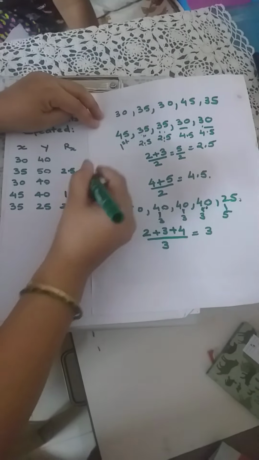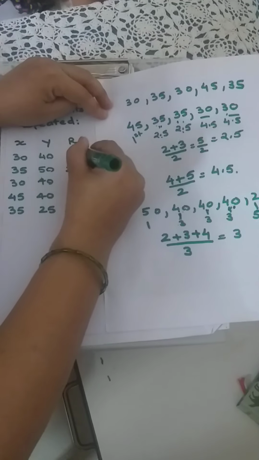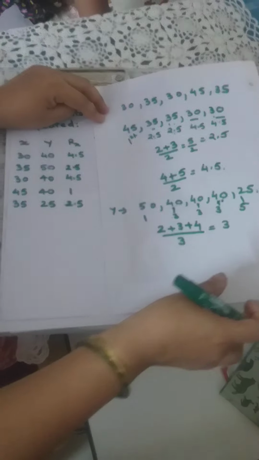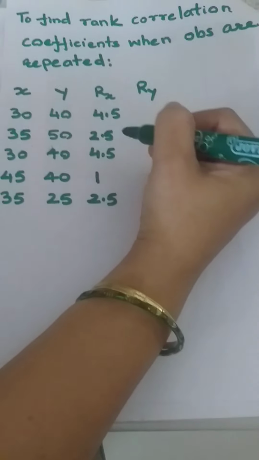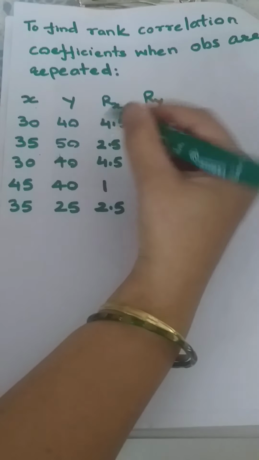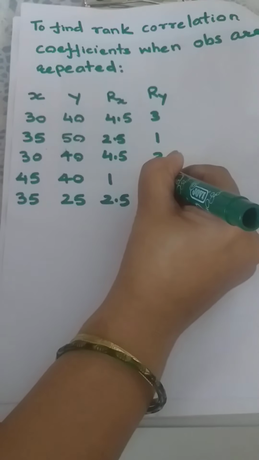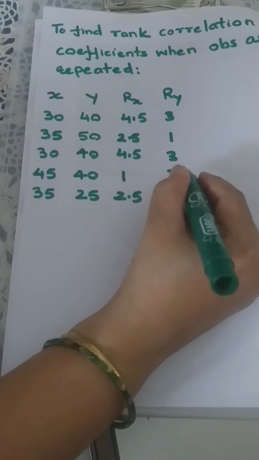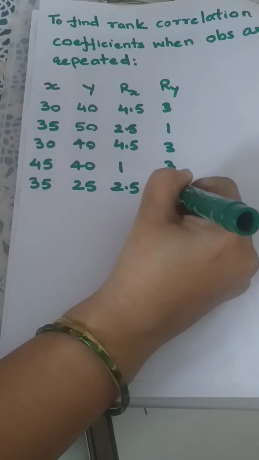That I wrote. Now the next we have 4.5 and 4.5. Similarly, for y, I have given 50 as my first rank, the second, third and fourth had the ranks 3, 3, 3 and the last, 25, had the rank 5.